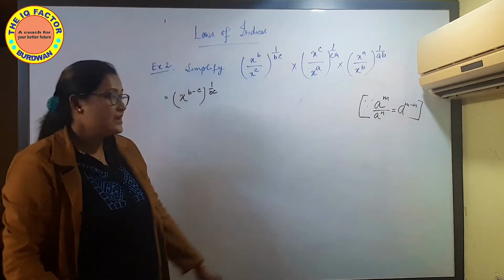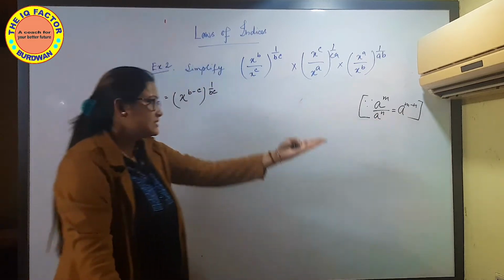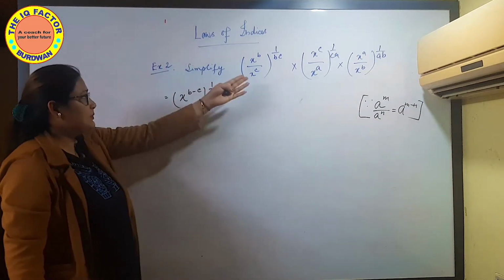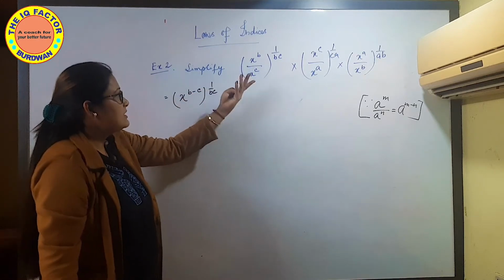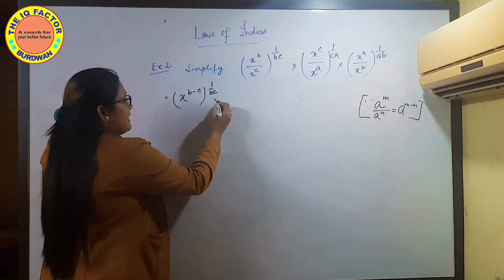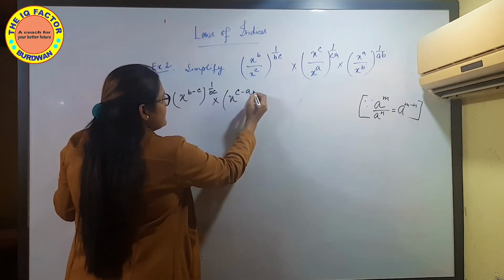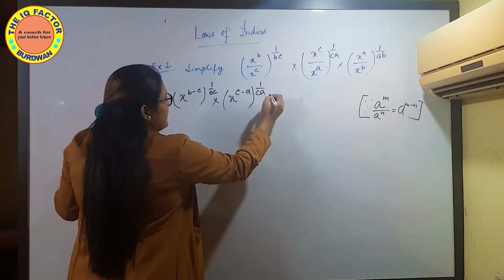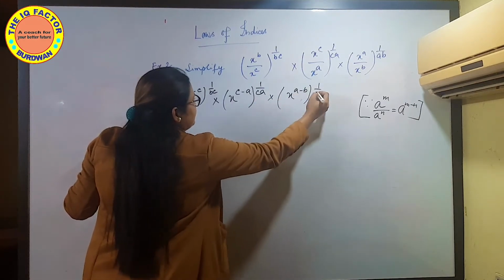We have applied this. So, it is x to the power b minus c, whole to the power 1 by bc, and likewise it will be x to the power c minus a, and x to the power a minus b. Am I clear?